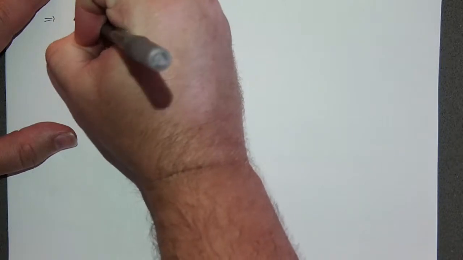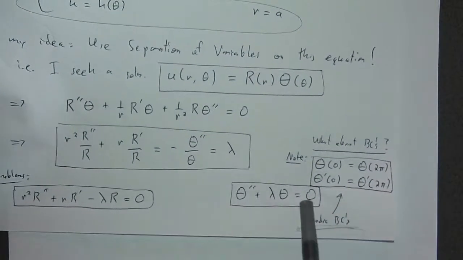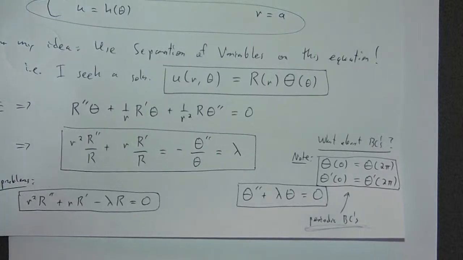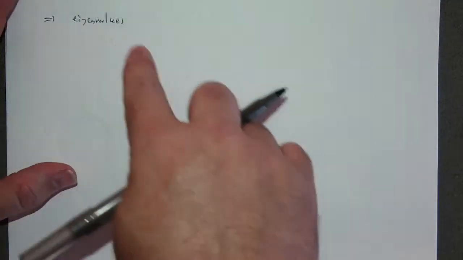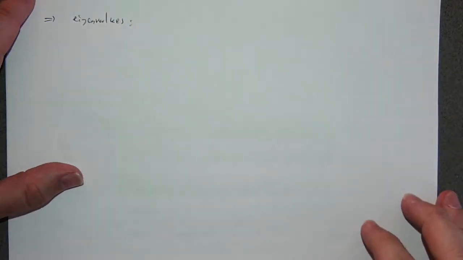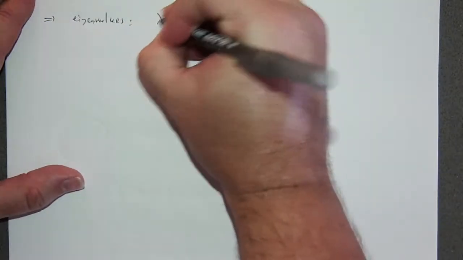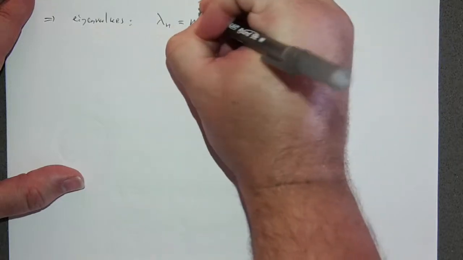So solving the theta eigenvalue problem first, I get eigenvalues. Let's think about my eigenvalues for this thing. If this is in terms of the usual formulation, this is going to be lambda n equals n squared.